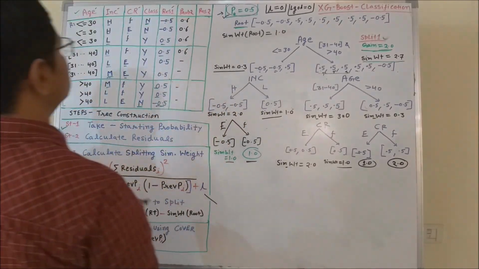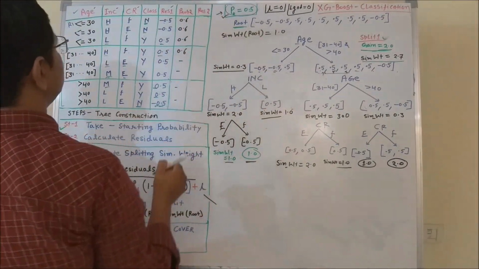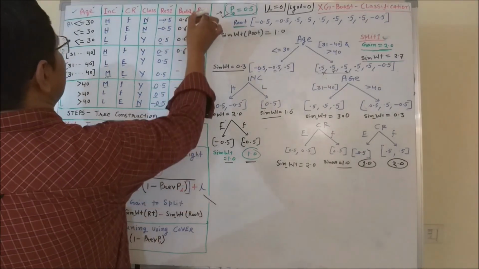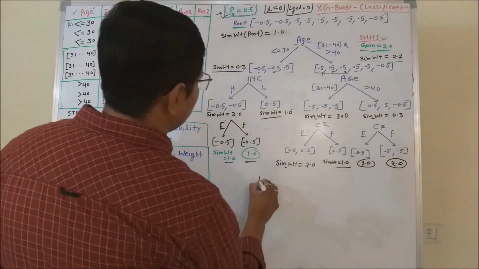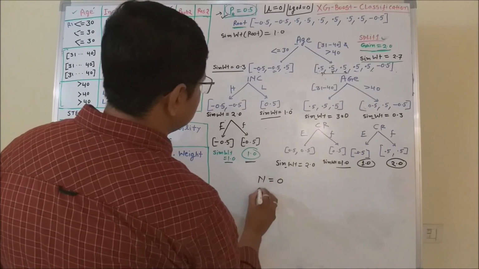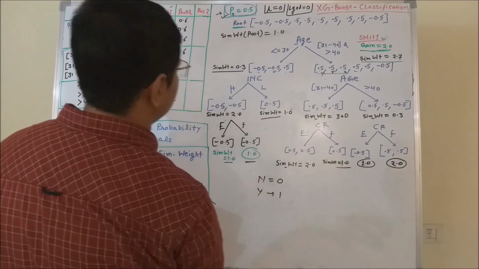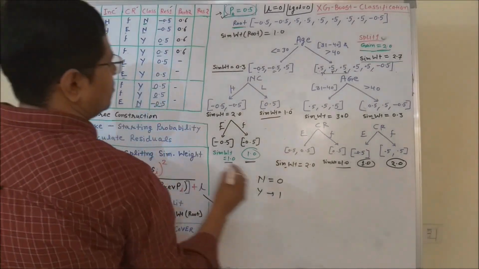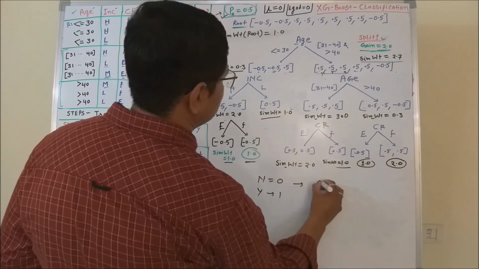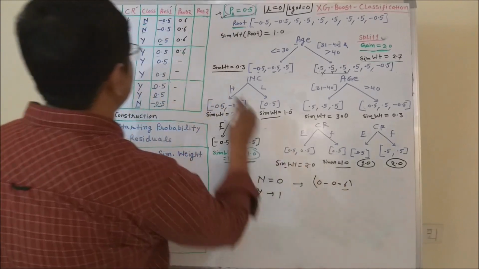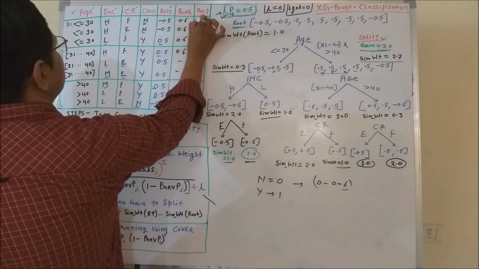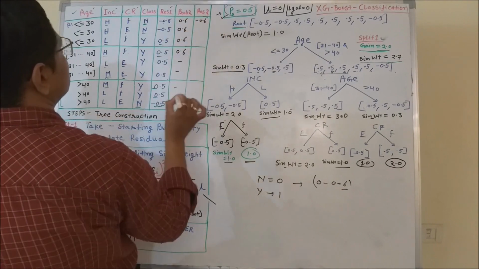The next part will be to compute the residuals. How to compute the residuals? Here for the no class we consider the value 0, for the yes class we consider the value 1. So we can compute the residual at 0.6 for the first record, so it will be equal to minus 0.6.